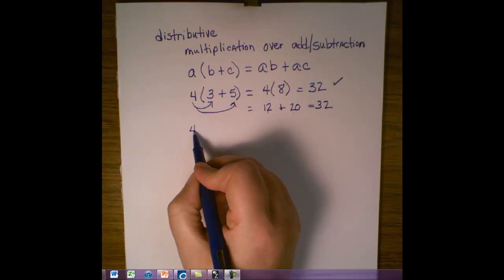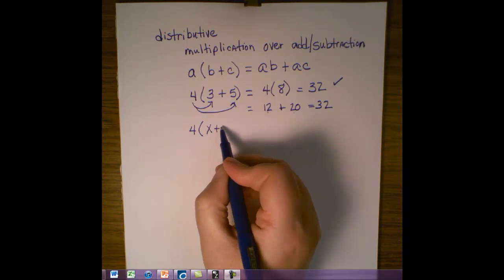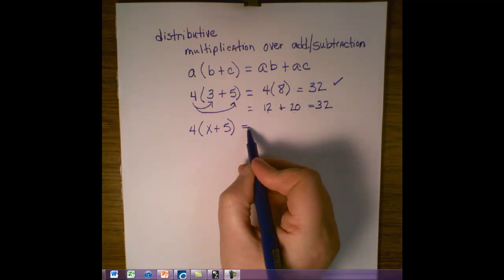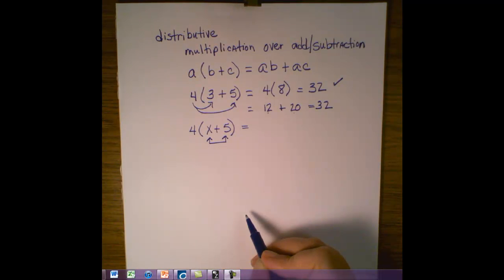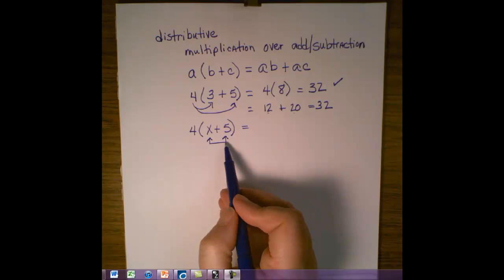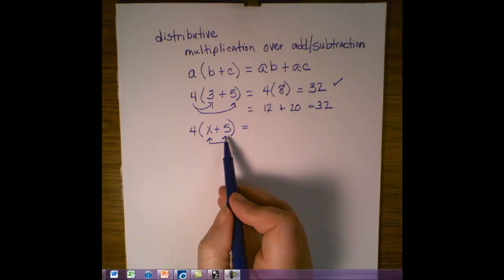However, if I have 4 times x plus 5, I cannot add the x and the 5 because they are not like terms. And we'll talk more about that in the next video, about when we can and can't add like terms. But I can't combine those two together.